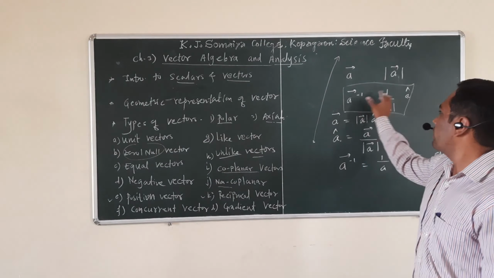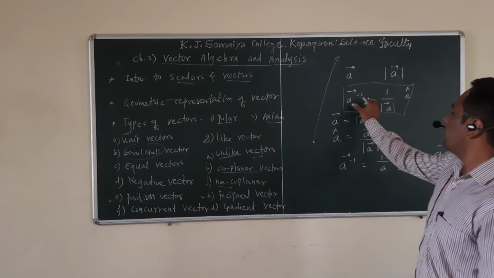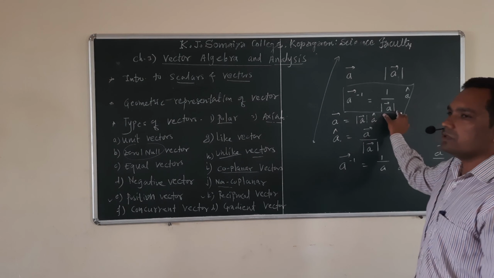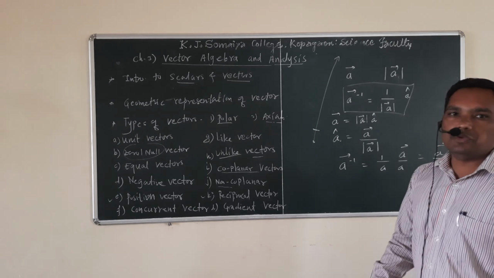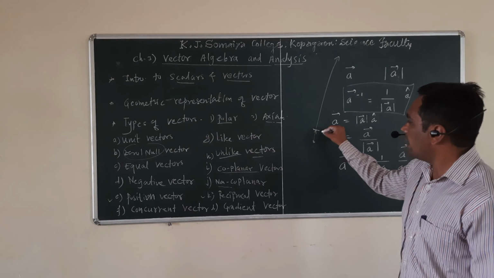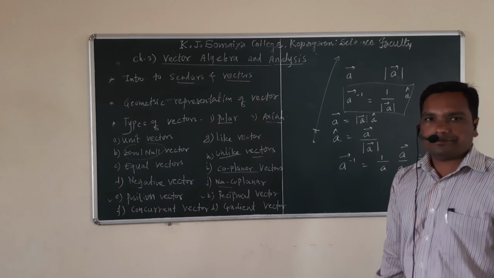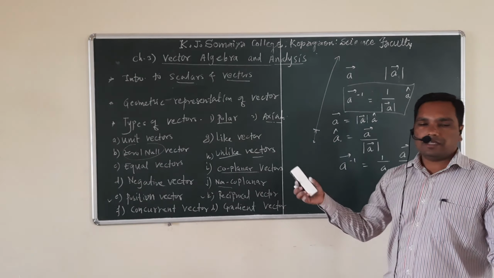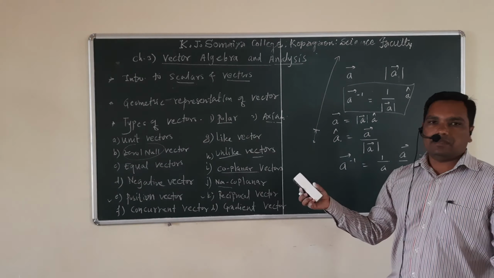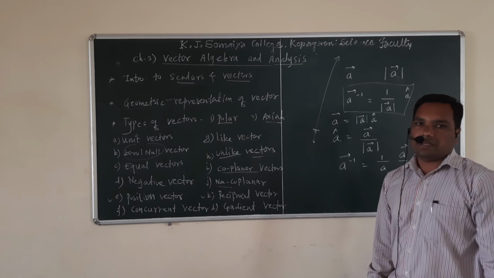So what we do here is divide that vector by its magnitude. Its magnitude is reduced and the direction remains the same. So for reducing very large vectors to a very small size, we take reciprocal vectors.